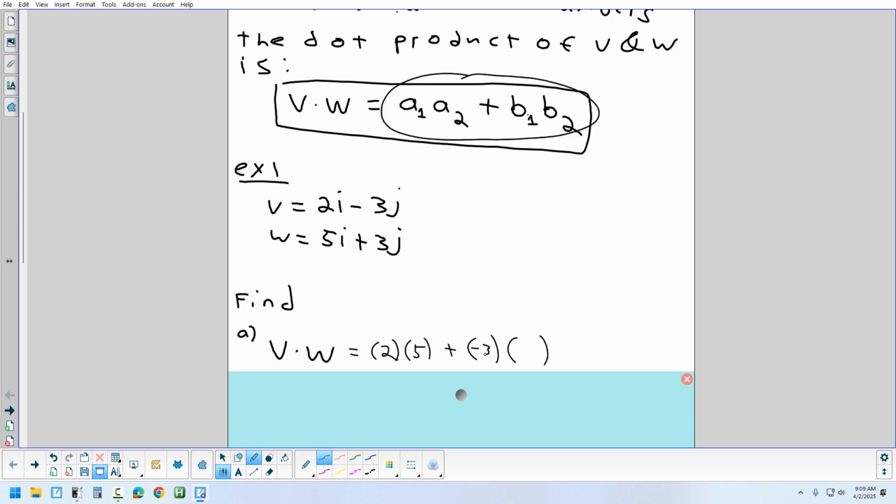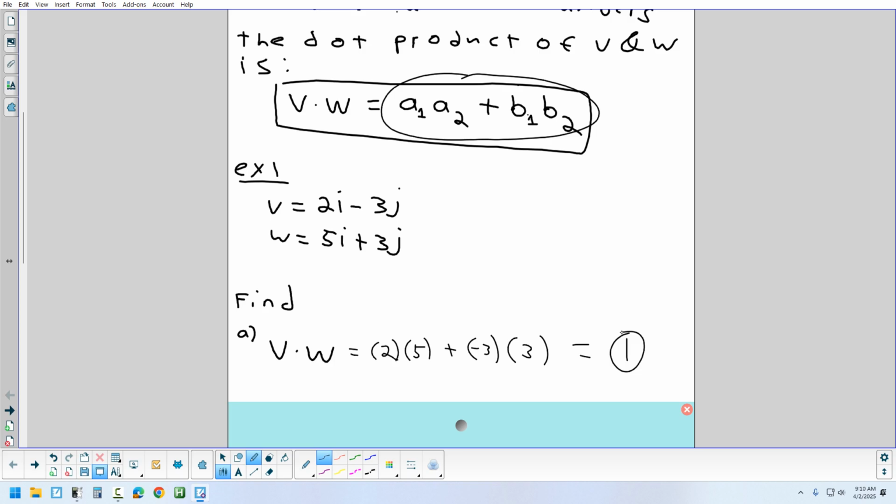And it should be in that order because you're doing v dot w. So the v comes first, w comes second. If we do that out, what do we get for a final answer? 1. So the dot product of v and w is 1.